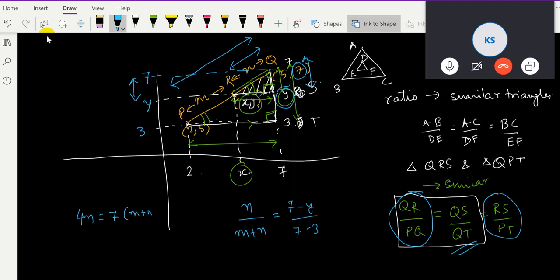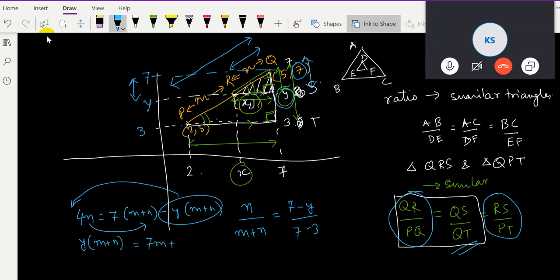7 minus y over m plus n. Right? So y into m plus n, I bring this whole term to the other side, and I bring 4n to this side, equal to 7m plus 7n minus 4n.